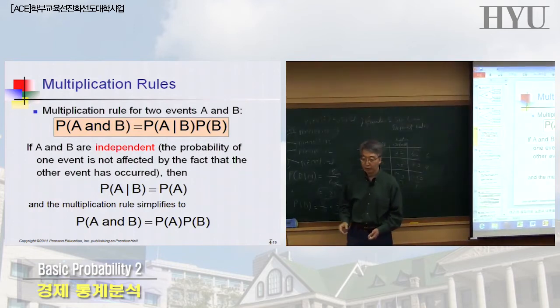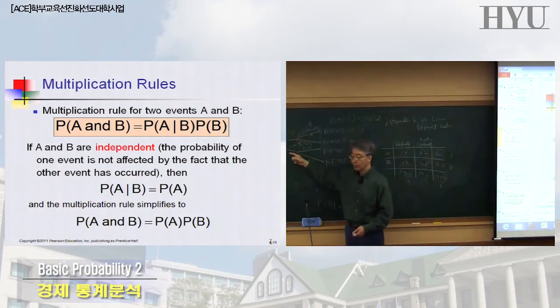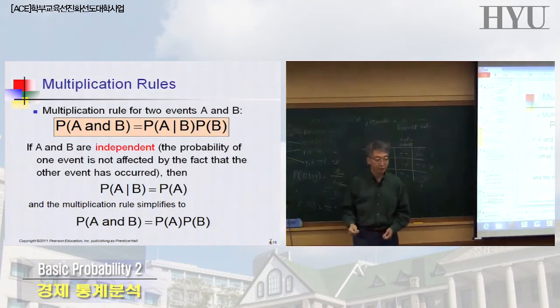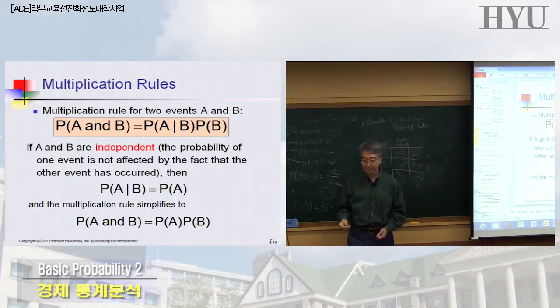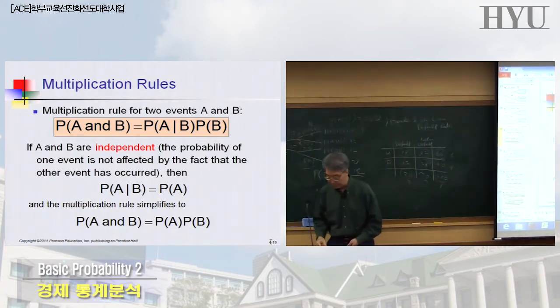Whether you got a head or tail in the first attempt does not affect the probability in the second attempt. That's the idea of independence.